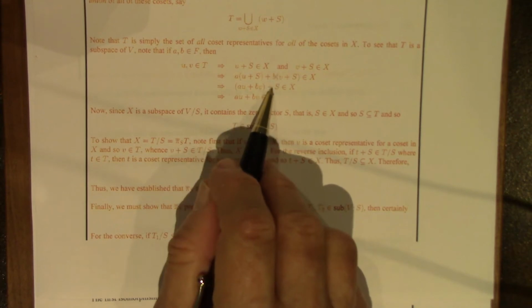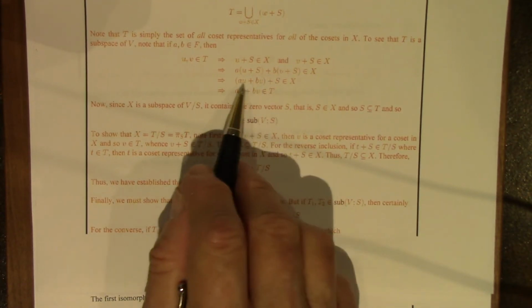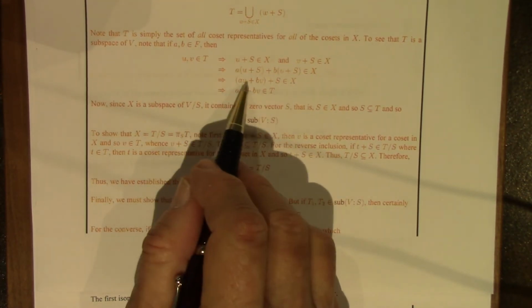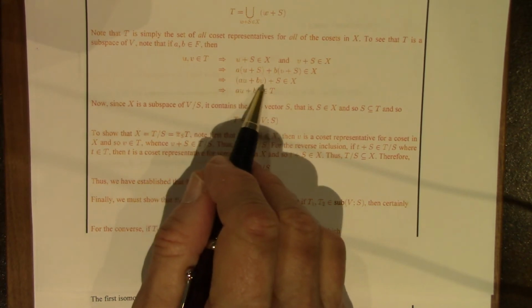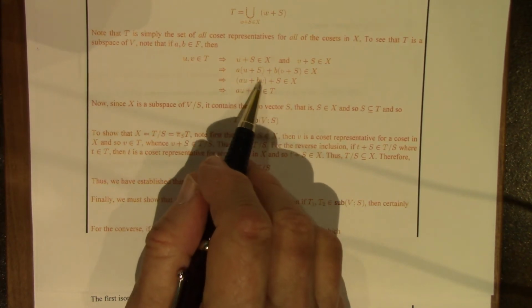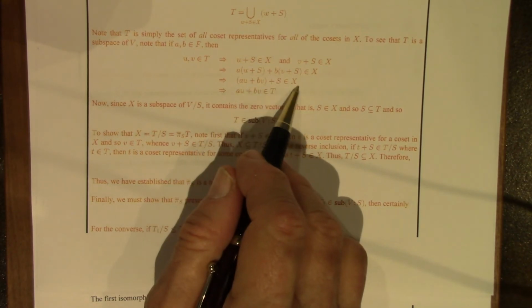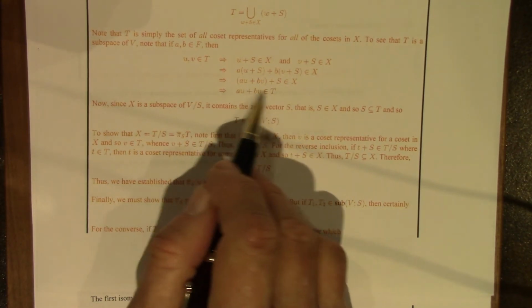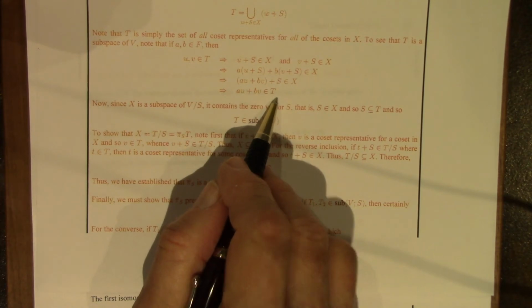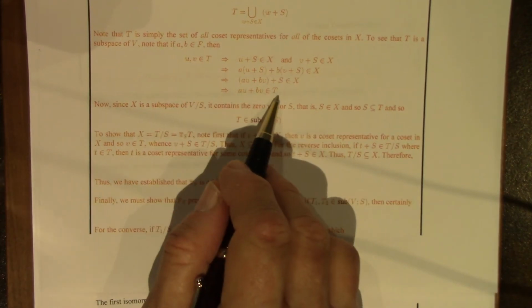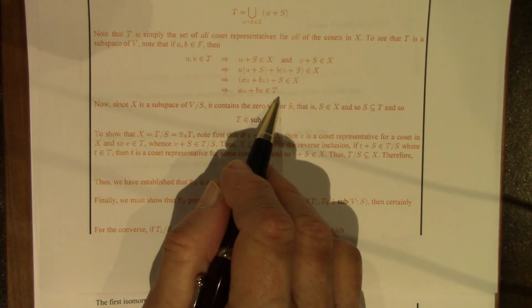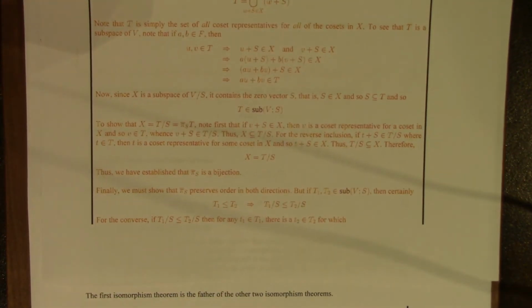It's coset arithmetic. So this belongs to X, which means this vector in the parentheses here is a coset representative for a coset in X. Therefore, it belongs to T. And so T is closed under linear combinations. And therefore, it's a subspace.